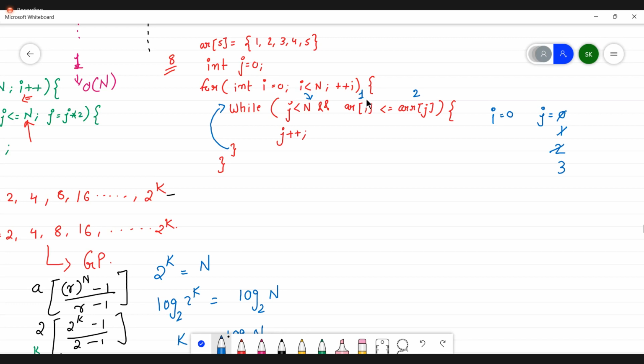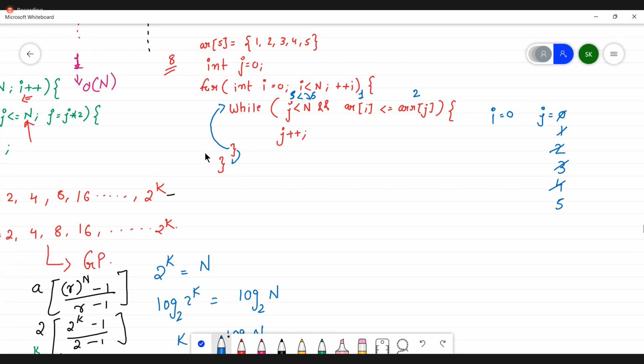Here inside it will be 1 array of I and array of j now will be 4. Condition is true. Your j becomes 4. Again, it will run and it will find that 1 is less than 5. So now when the next time it comes, the condition here will become false because 5 is not less than 5 and it will come out. Clear to all or not?